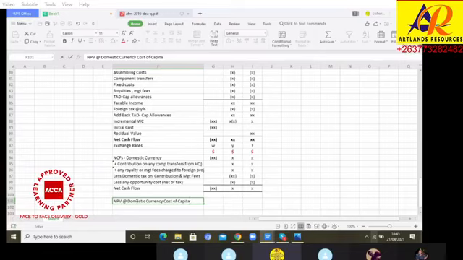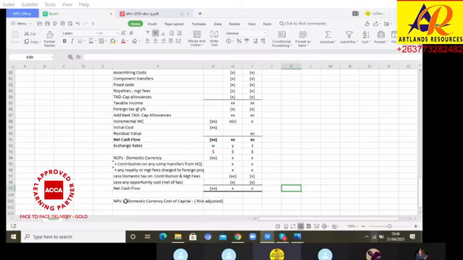Normally, because it's a foreign project, we encourage it to be risk adjusted, in other words, to accommodate the unique risks which are associated with this particular foreign currency cash flows. Right.